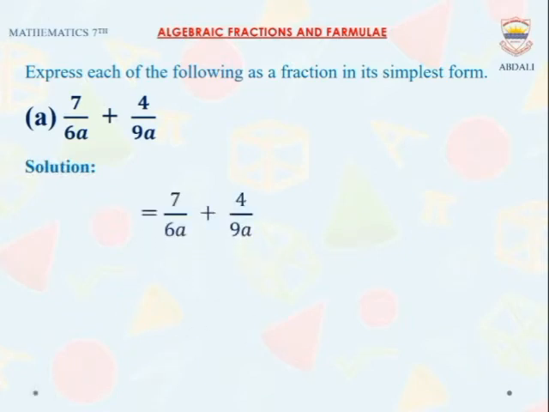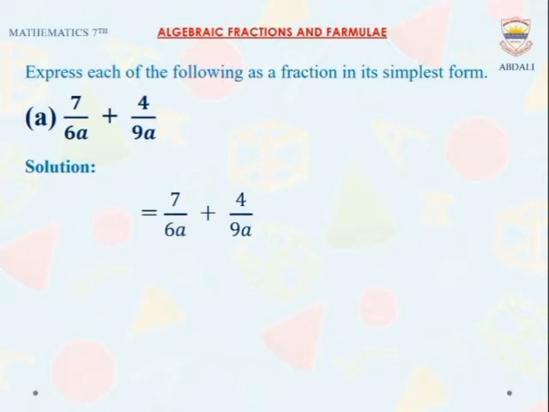Firstly, we will rewrite our question as it is. Now, we know that to add fractions, we should make their denominators the same, which means we have to make the fractions like fractions. Yes, to add and subtract fractions, we have to make them like fractions.